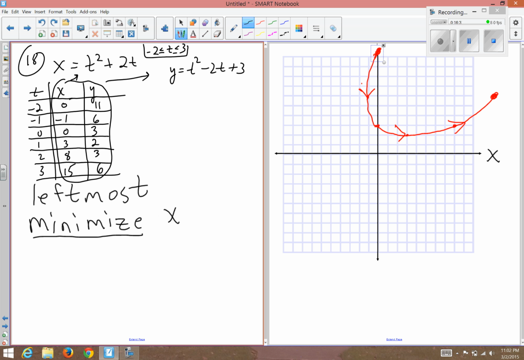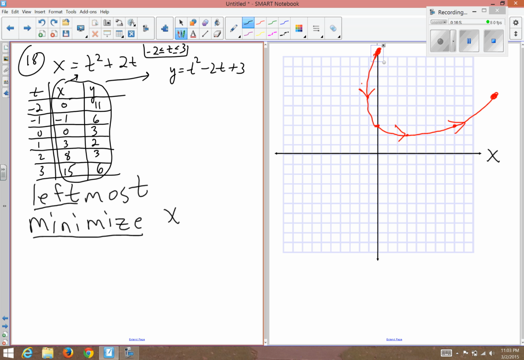If it asks for the rightmost point, we would maximize x. The small x's are to the left, bigger x's are to the right. So this is important to know, how to minimize anything.